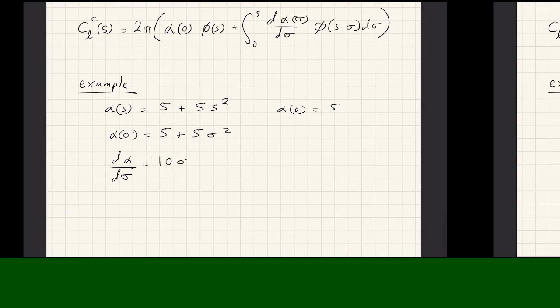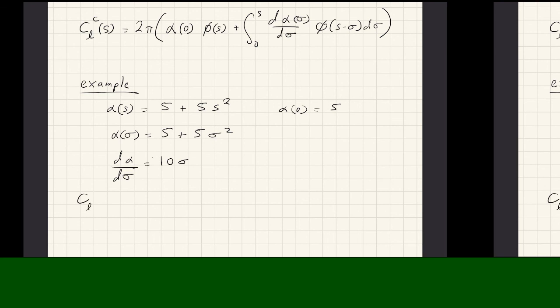And then we can just evaluate this in the circulatory portion of the lift in Wagner. So CL at S equal to, let's say we want to find the lift at non-dimensional time S equal to 2.